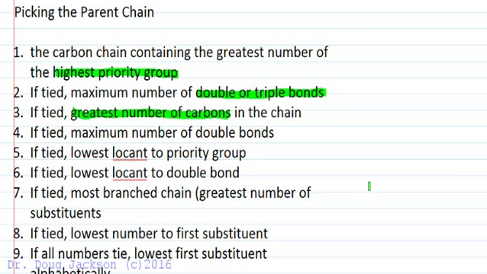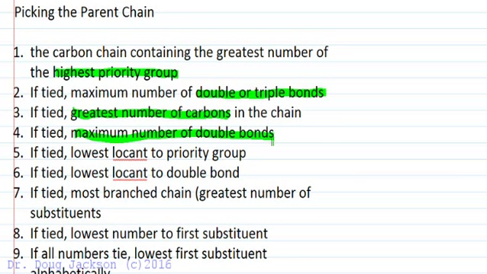Okay, so that is something you have to do. Okay, and maximum number of double bonds actually comes right after greatest number of carbons. So if there was a tie between double and triple, the greatest number of carbons wins, then the greatest number of double bonds wins after that, if the number of carbons are the same.